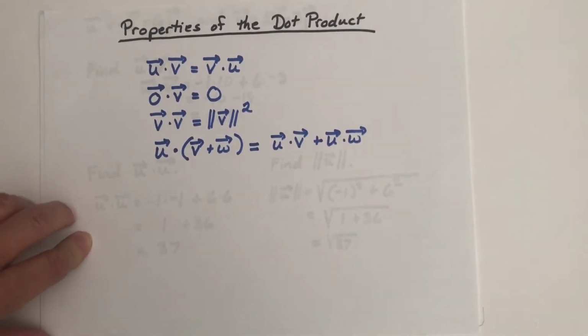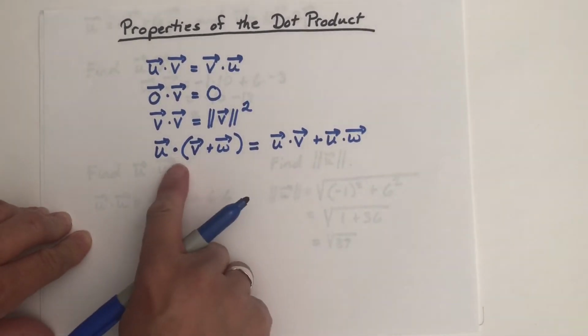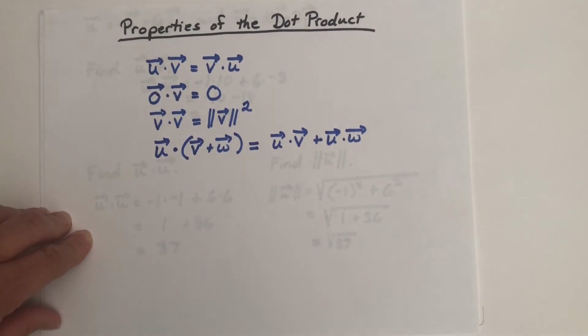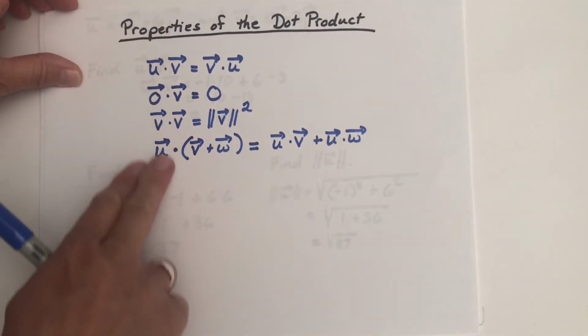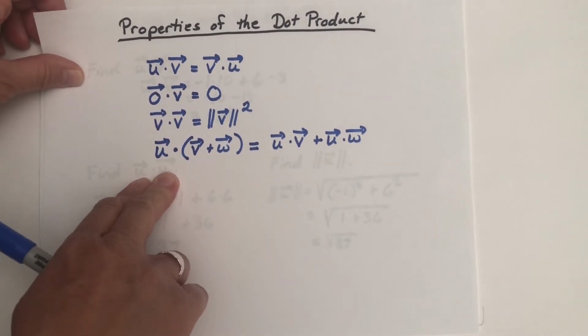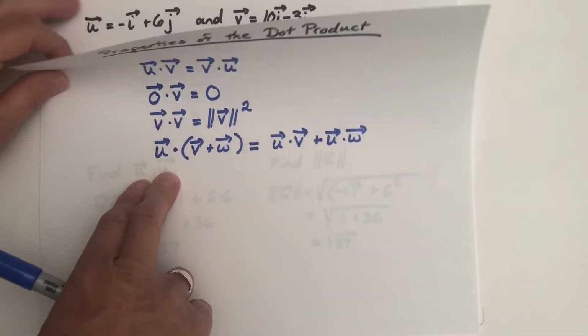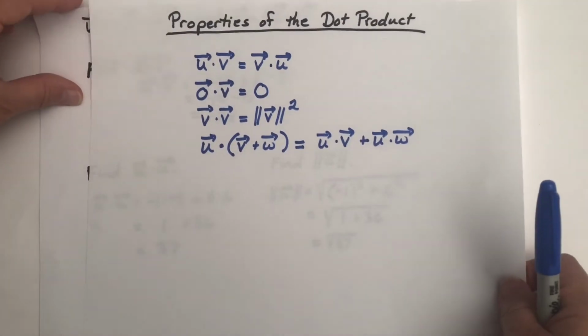So in fact, we can distribute with the dot product. So those are some important properties with respect to the dot product. Now let's move on.